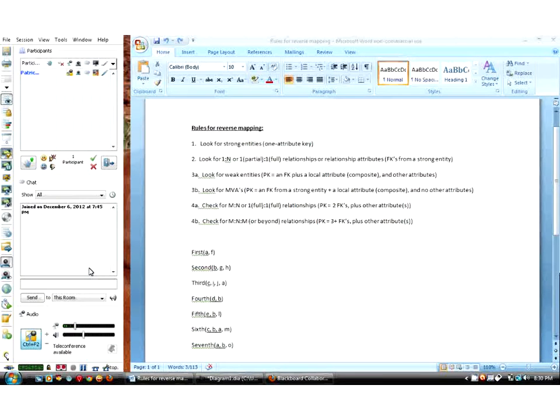And by the way, plus other attributes is kind of optional, okay? So let's see here, do we have anything with keys belonging to 2 different tables? No, that was our week. No, that's all key.